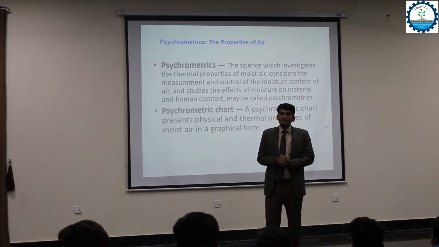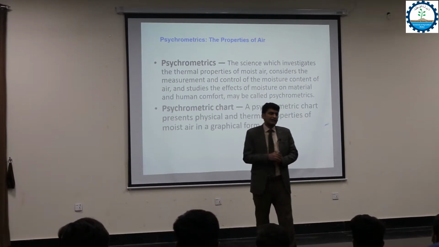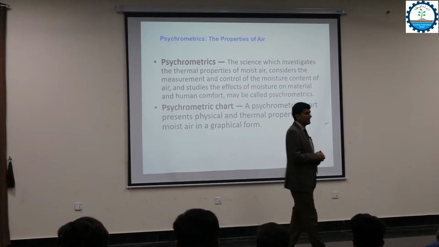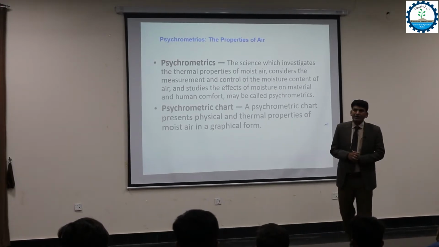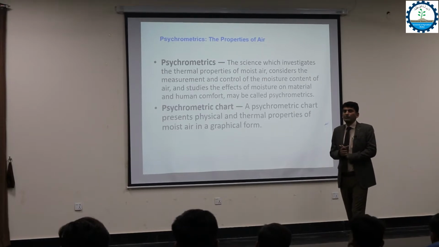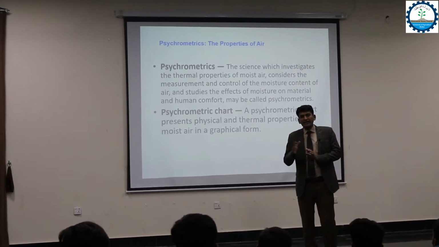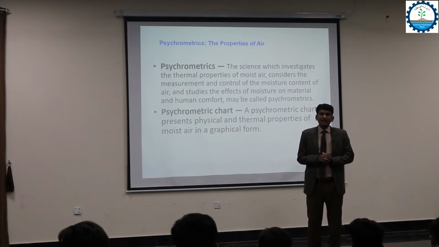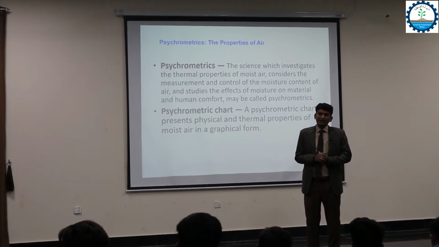In addition to this, we also discuss sensible heat and latent heat, what the differences are and how we can evaluate them, and we can use the psychrometric chart for our design perspective in HVAC.